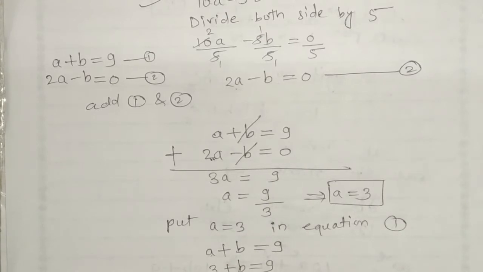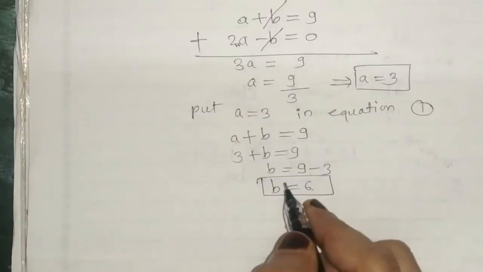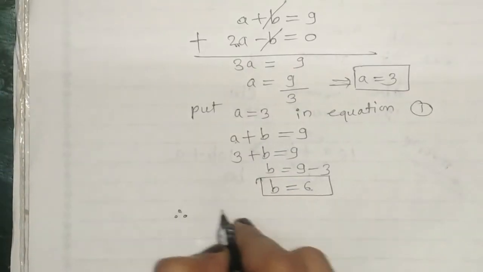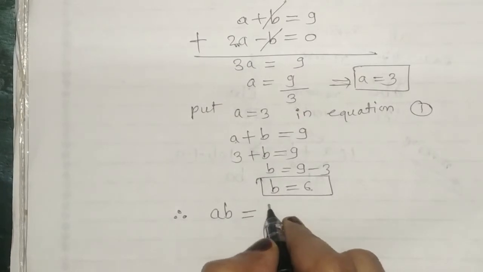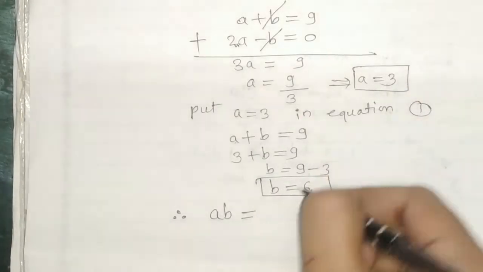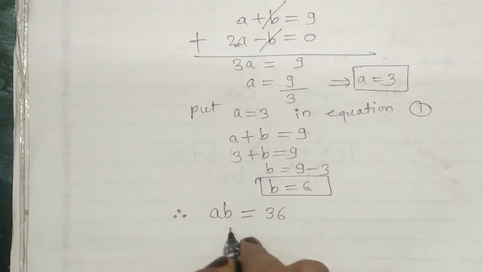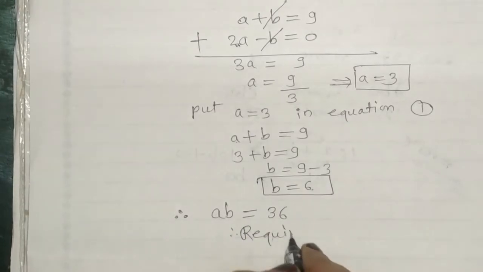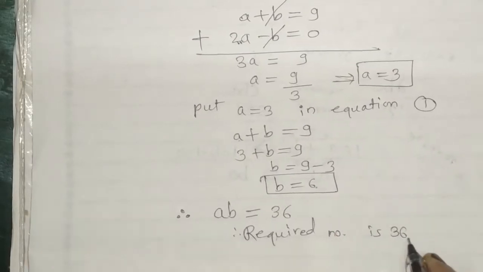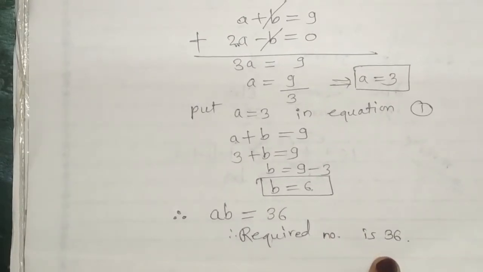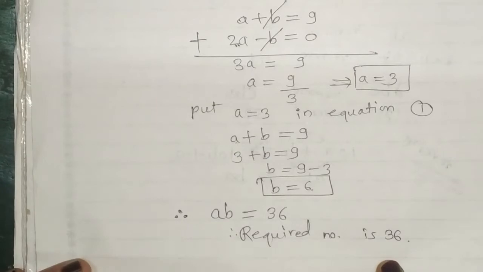So B is equal to 6. Therefore friends, our original number AB, where A is 3 and B is 6, is 36. So the required number is 36, and its reverse will be 63.